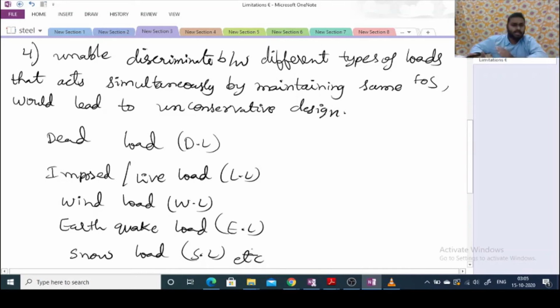Other than this, there exist some other loads, but mainly these are the loads we are going to consider in the design.